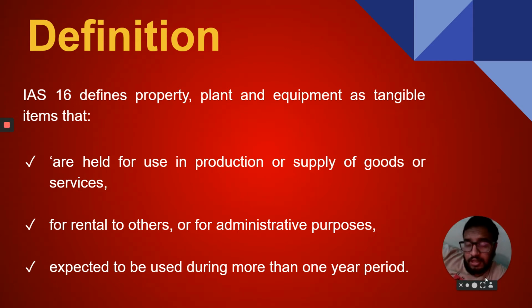So basically, how is IAS 16 defined? It's defined as tangible items. Okay, IAS 16 only applies to tangible items, which basically means it has a physical form that you can touch with your hand. Always remember that. And then it is held for use in production and supply of goods and services.